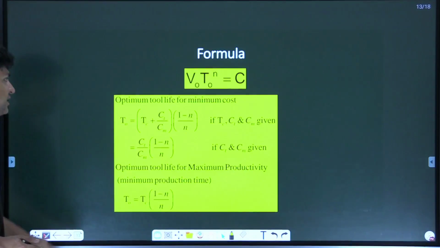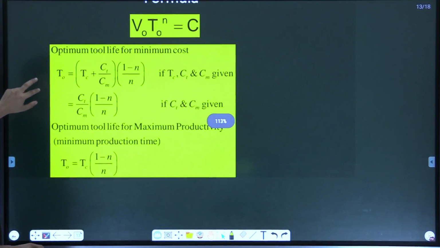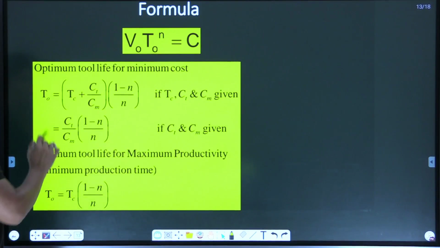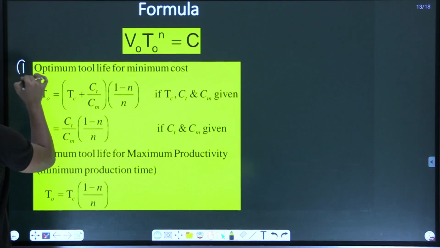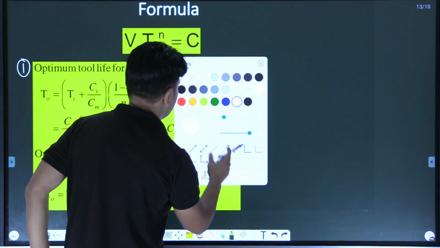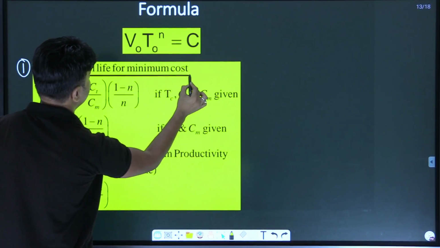For that you have to learn this formula. Formula number 1 is the optimum tool life for minimum cost.